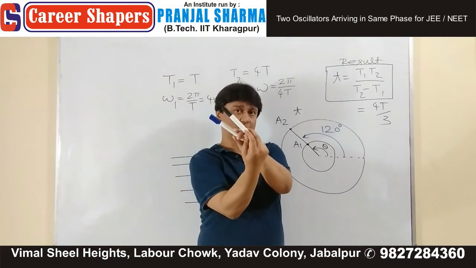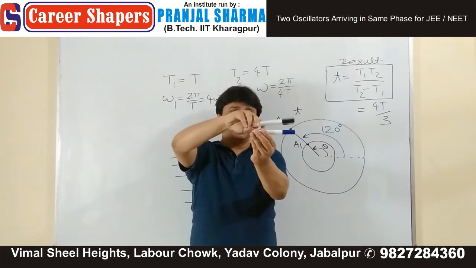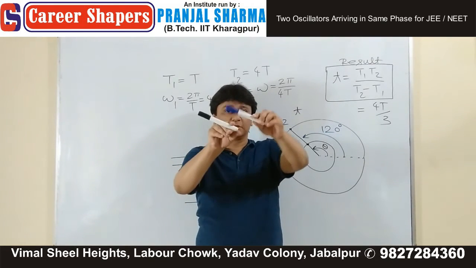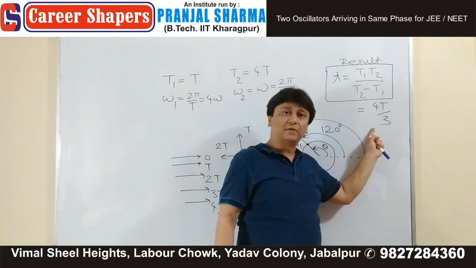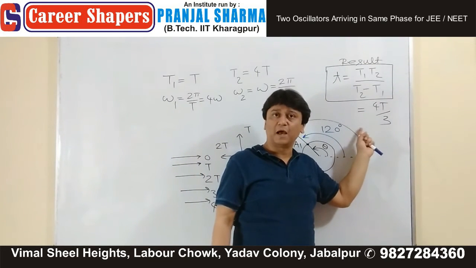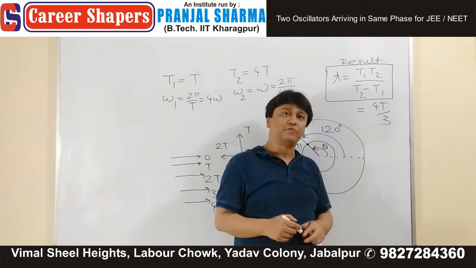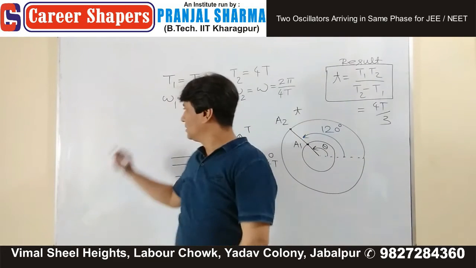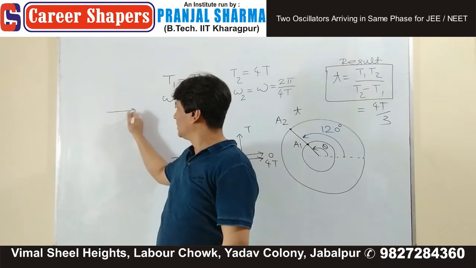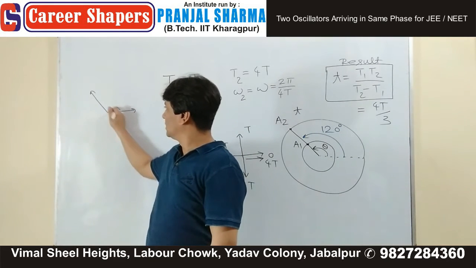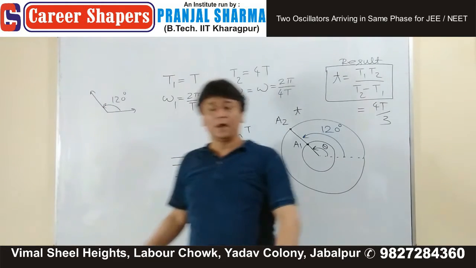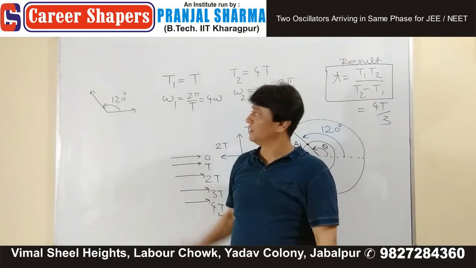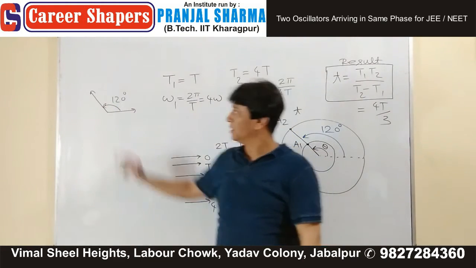This is 4t by 3. So after 4t by 3, they are in the same phase. And the angle covered is what? 120. I told you that will feel 120. So this angle is what? 120. What is time?